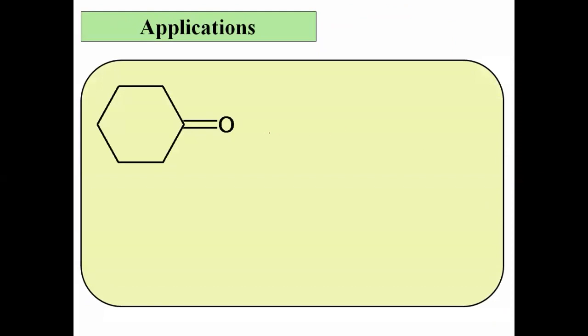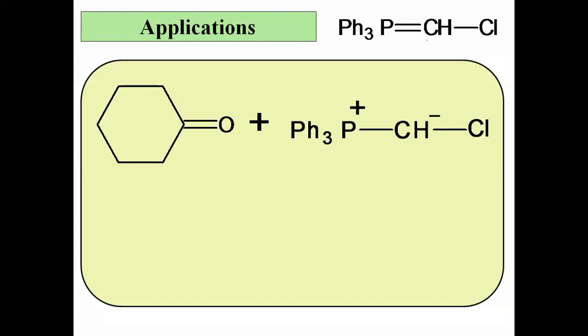Again consider the example. This is again the same, cyclohexanone, an example of a cyclic ketone. When this cyclohexanone is treated with the substituted phosphorus ylide, okay, this is our phosphorus ylide. We can write it in this manner also, or we can show it with positive and negative charges, or using a double bond. Okay, these are actually resonating structures of each other.